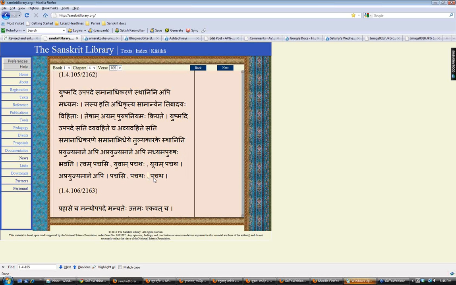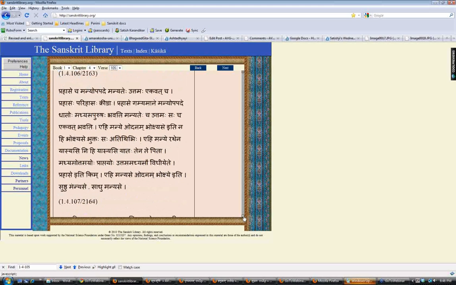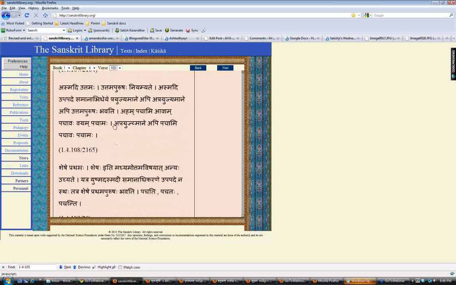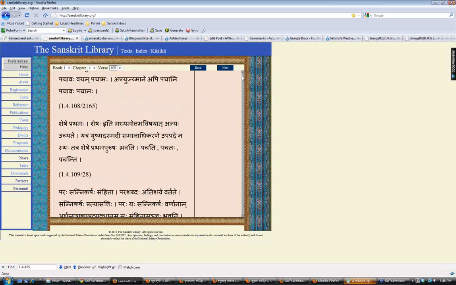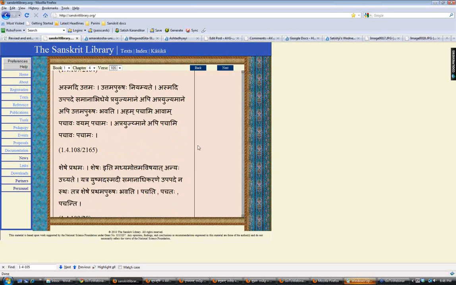Pachasi, pachathaha. And then, of course, he goes on to say, in the next sutra, asmadyuttamaha, which is the same kind of rule: asmadyupapade, samana vidheye, prayujyamane, aprayujyamane api uttama purushaha, and sheshe prathamaha. So this bhavat will come under sheshe. It is not asmad, it is not yushmad.